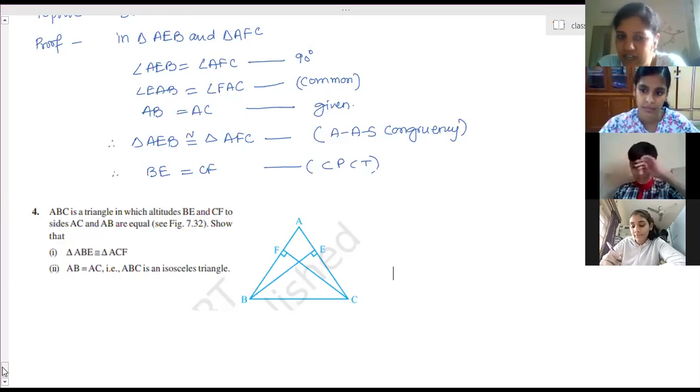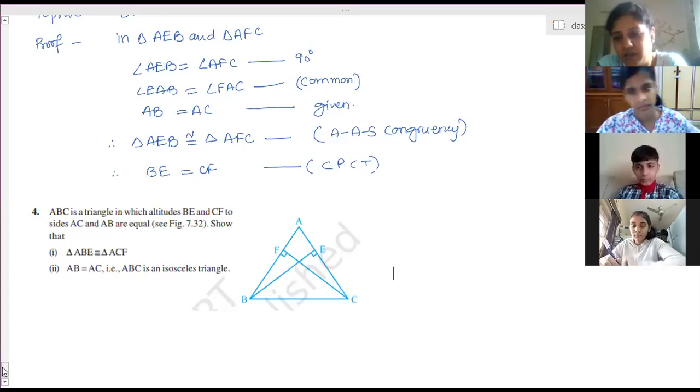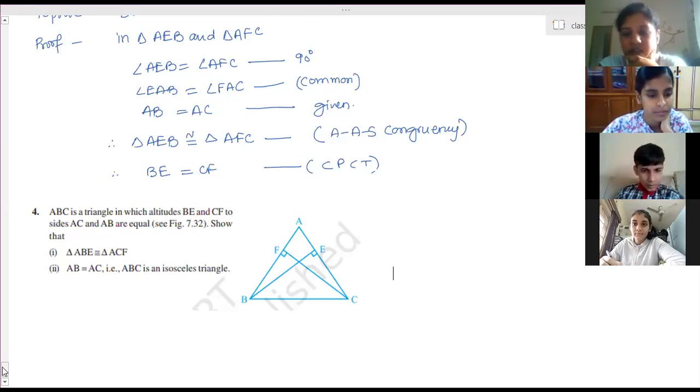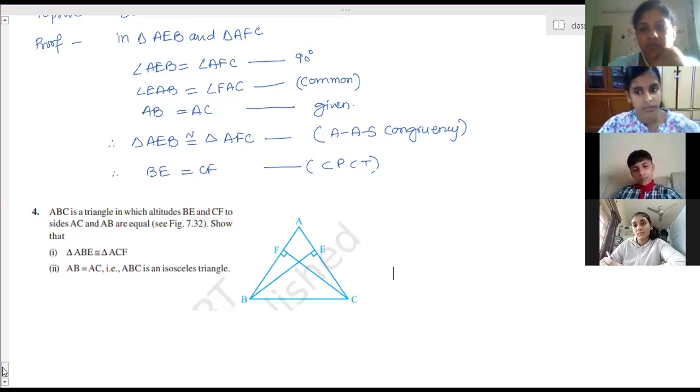Two sides are there, one angle is there. So SAS won't work, but RHS will work. But they have asked to prove ABE and ACF, so for that you have to take the upper triangles. Upper triangles with AAS criteria show congruency. Yes, ma'am.